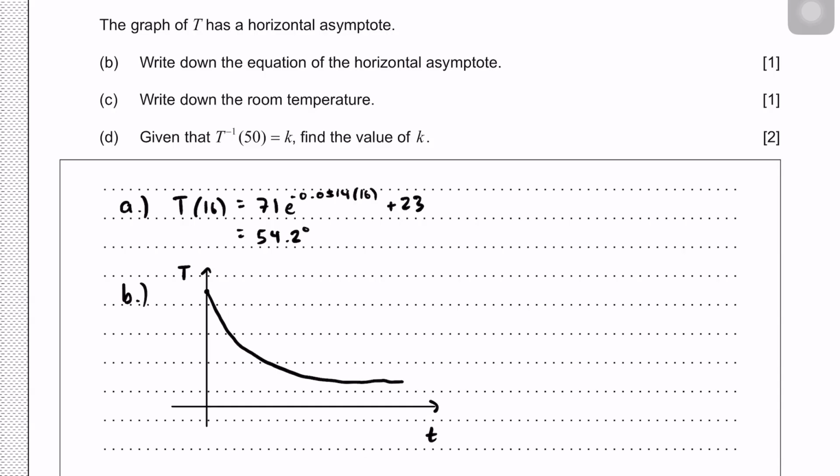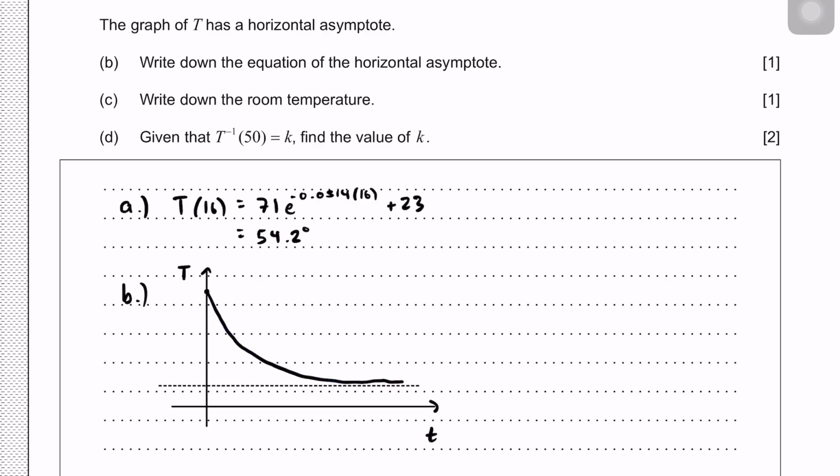So this value, room temperature, would be our horizontal asymptote. The value that we approach, but never reach. When they ask us to find the horizontal asymptote, they're asking us to find the value that this temperature approaches, but never reaches.